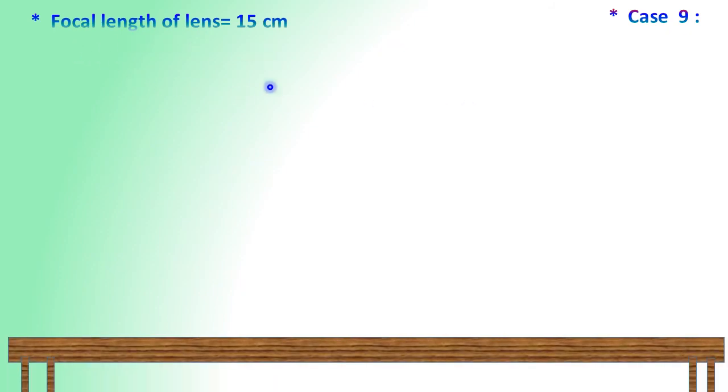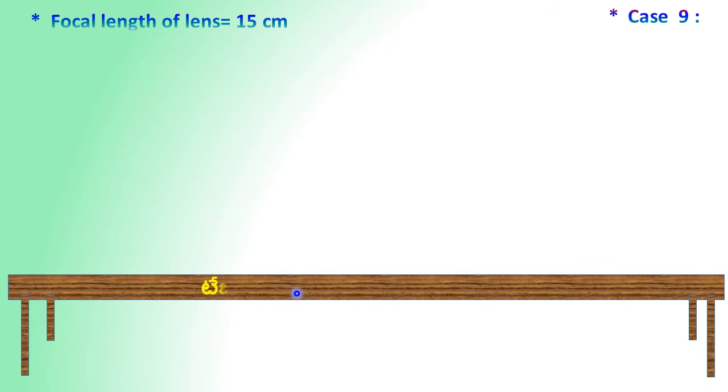Case 9. In this case, I am placing the object at a distance less than 15 centimeters. The focal length of the lens is 15 centimeters. Here is the table and here is the V stand. This is the convex lens.